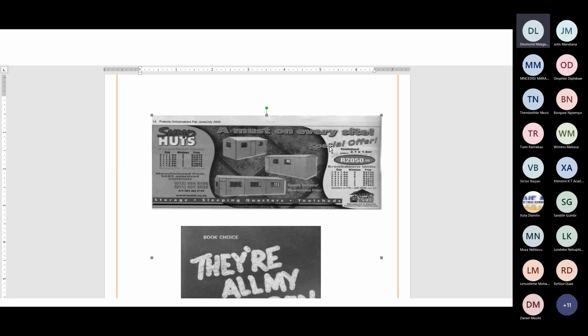Sumo, is that bold? I think huts as well is in bold. Yes, and also the statement there that says a must on every site. Must on every site. Okay, okay. So that one is meant to capture your attention right there. Yes. Okay. Victor, go ahead.